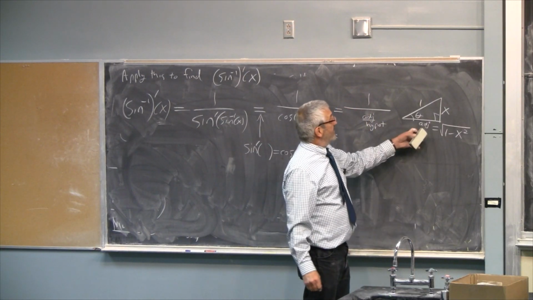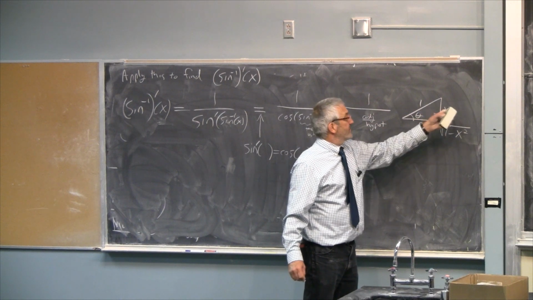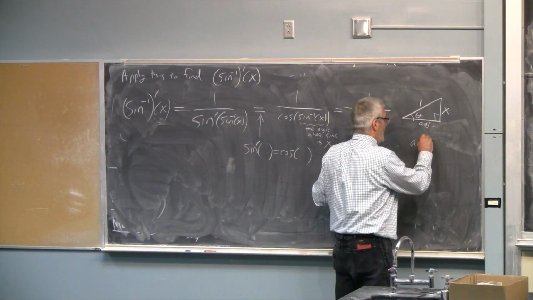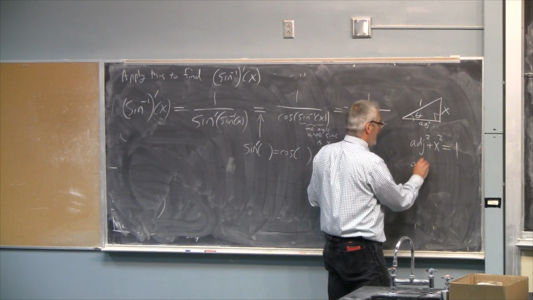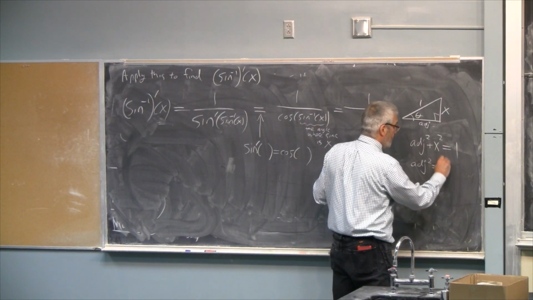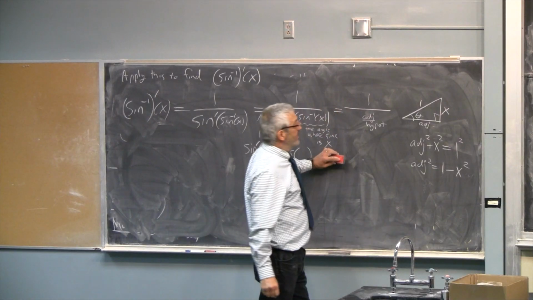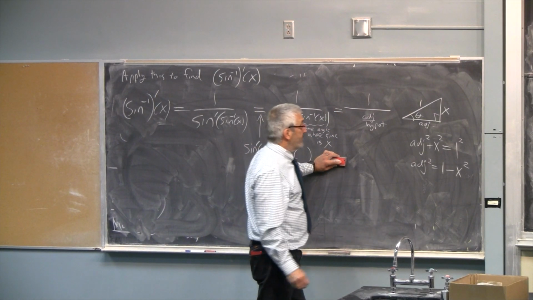Because this side squared plus that side squared equals that side squared. Well, let me just do this. ADJ squared plus x squared equals 1. So ADJ squared equals 1 minus x squared. That's really 1 squared. That's the Pythagorean theorem. So the adjacent side squared is 1 minus x squared.